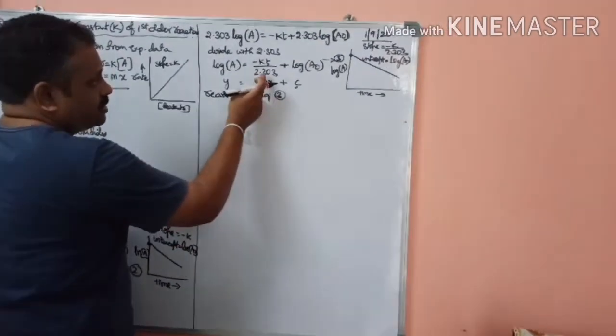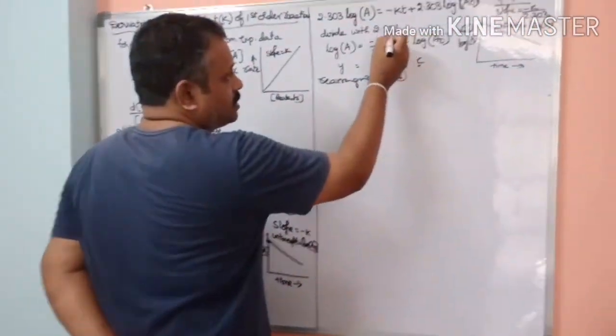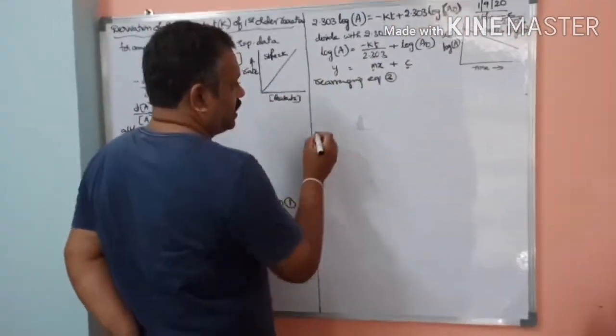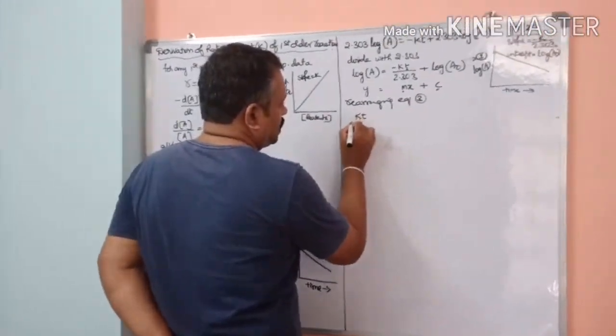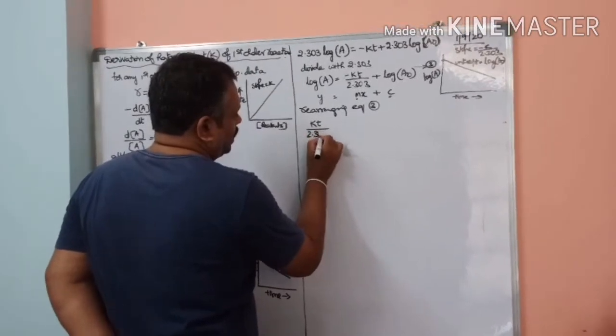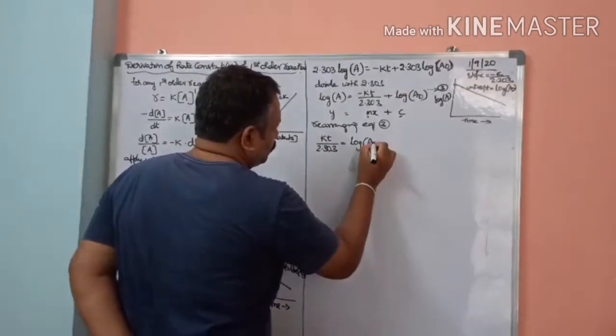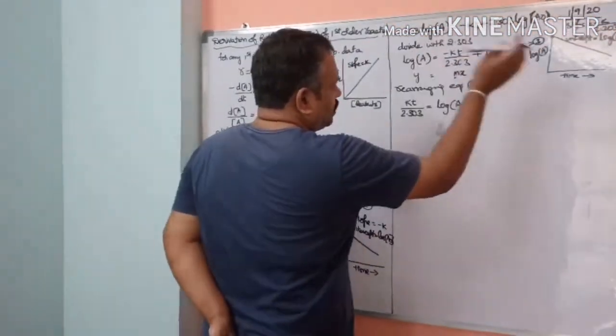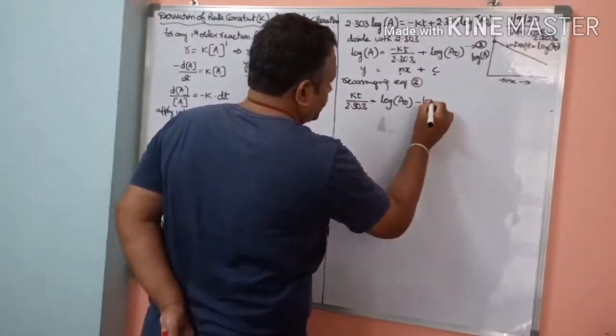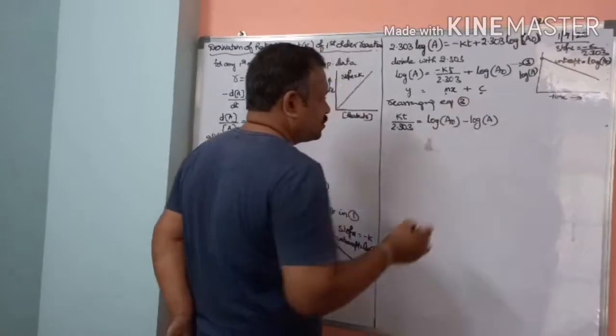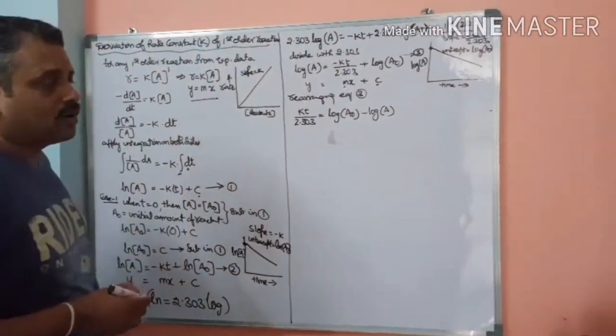So I will pull this term of kt by 2.303 to the left hand side. So the equation turns out as kt by 2.303 is equal to log of A naught, which is already on the right side, and this going to the other side will become minus. So I can write it as log of A naught minus log A.